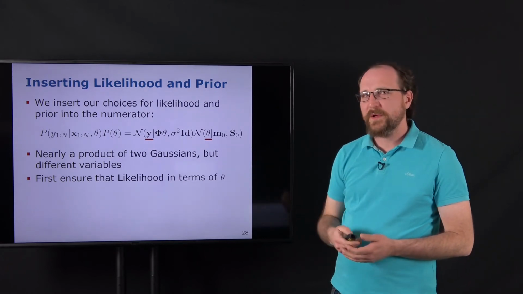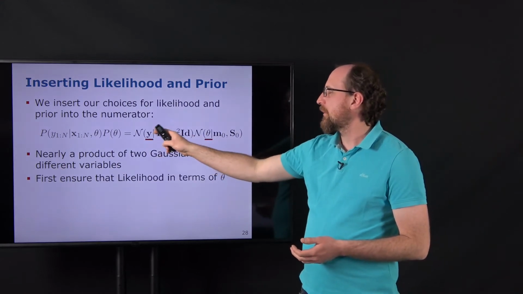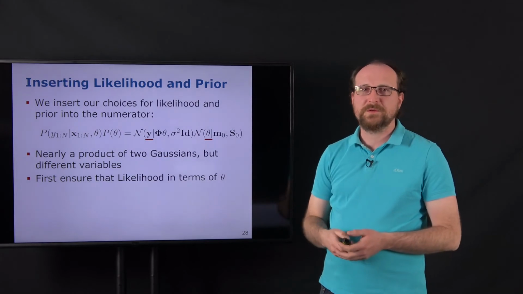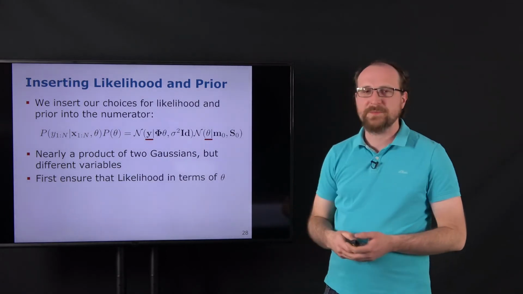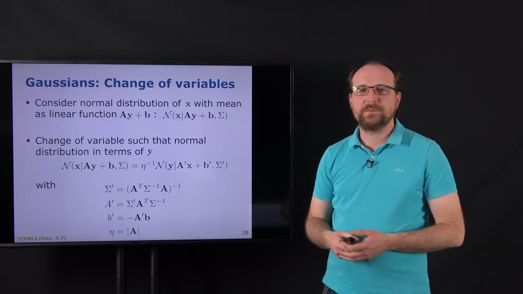So what we want to have in the end is a product where we have theta also here. When you look around, there are certain theorems for normal distributions, and there is also the theorem about the change of variables.